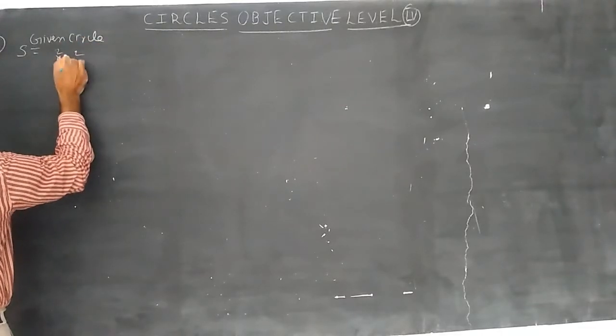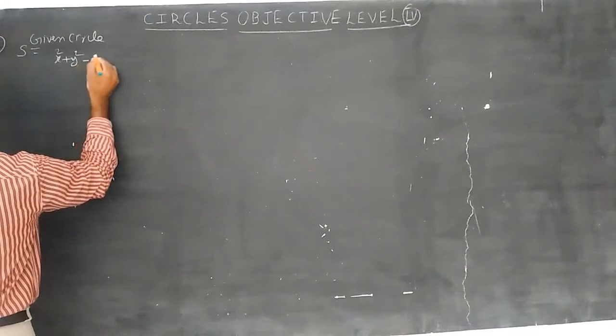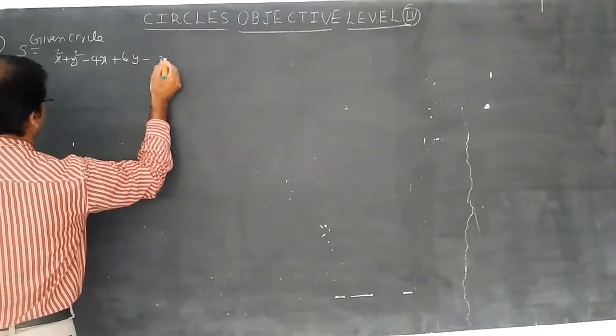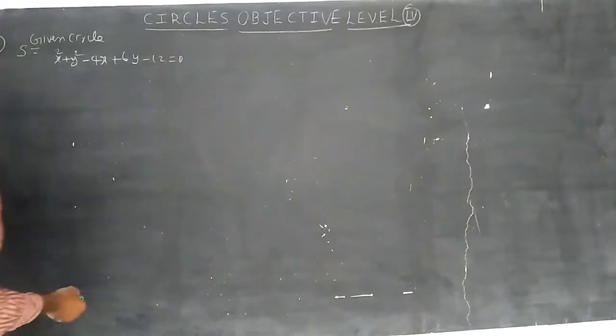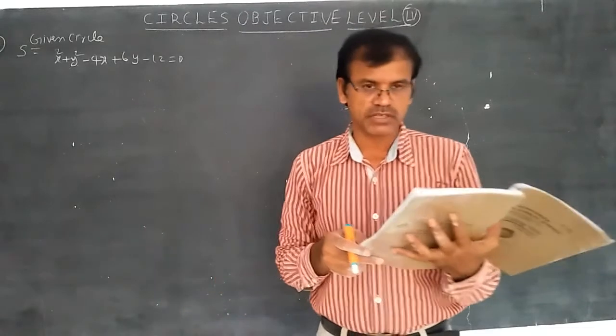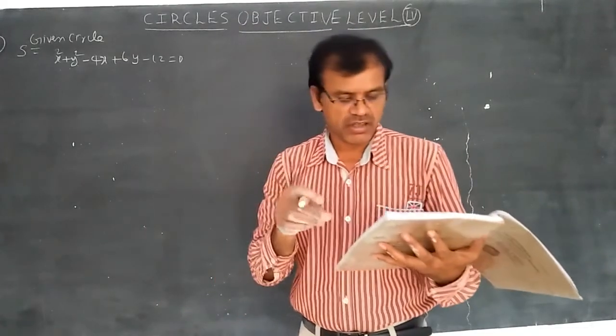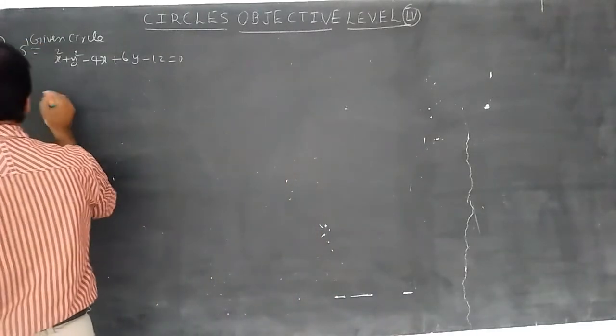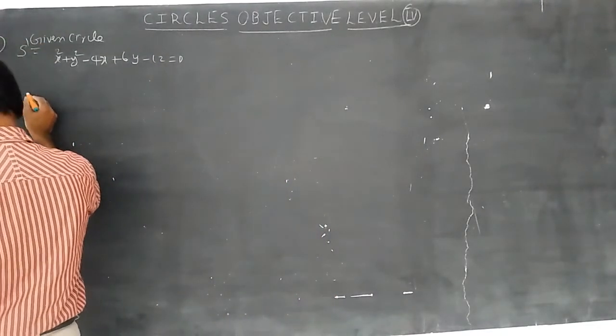S is equal to x square plus y square minus 4x plus 6y minus 12 equal to 0. If one diameter of a circle given by the equation is a chord of circle S dash, another circle is there, S dash.